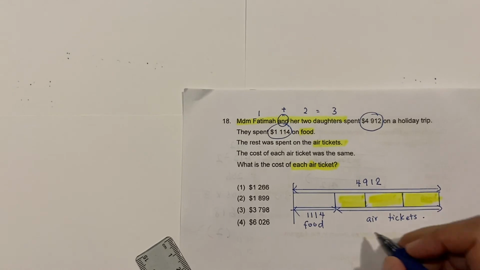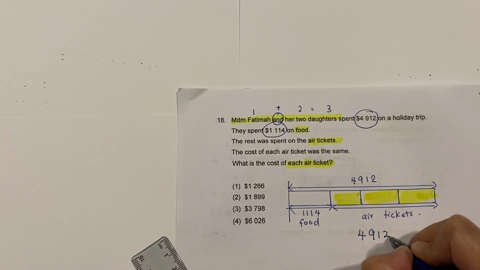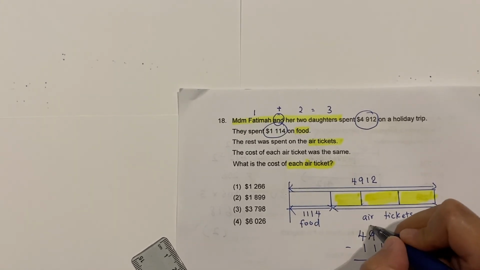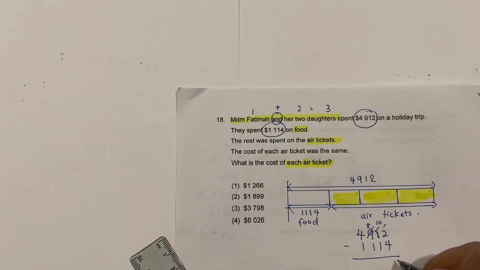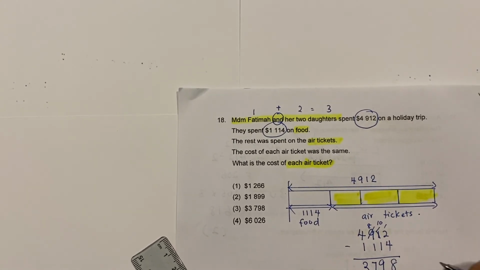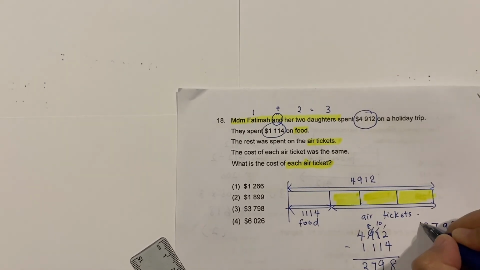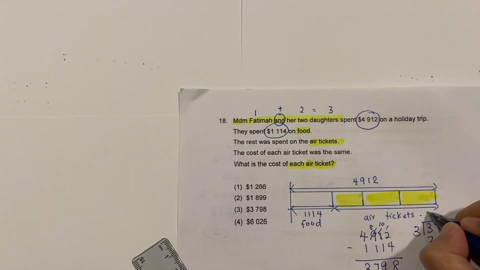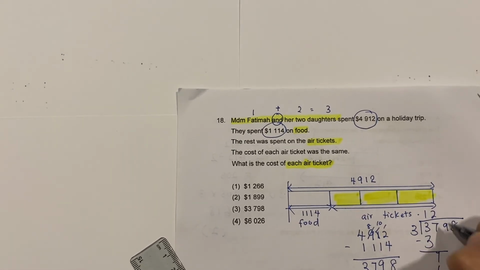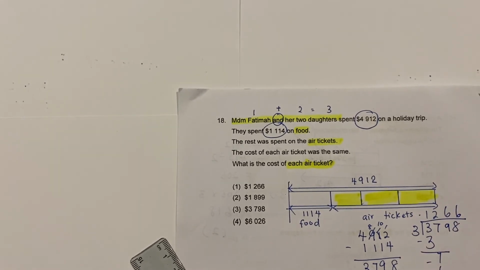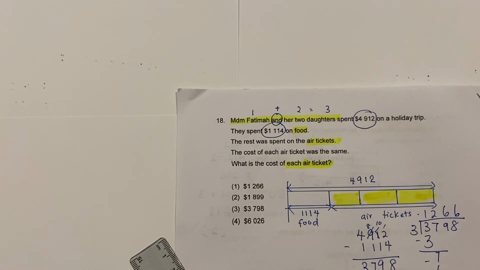My first step will be 4,912 take away the expenditure on food. So this is the balance. Then you take this and divide it by 3 people. So the answer is number 1.